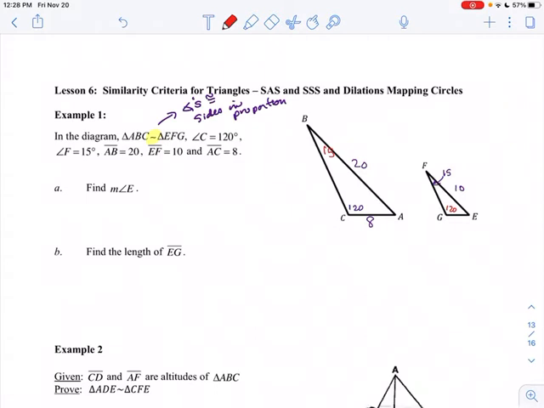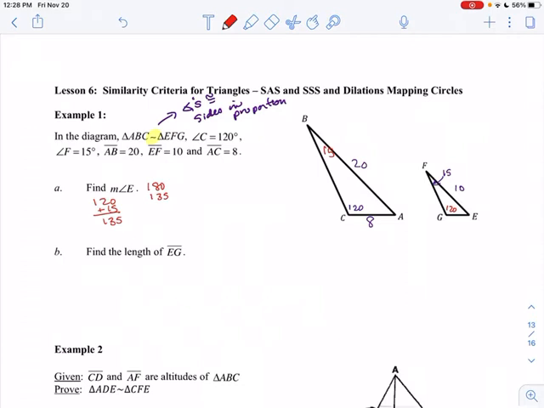So if I want to find angle E, well, the angles of a triangle equal 180. Right? All three angles equal 180. Angle F is 15. Angle G is 120. So let me add the 120 and the 15. That's 135. Okay? And the three angles together equal 180.